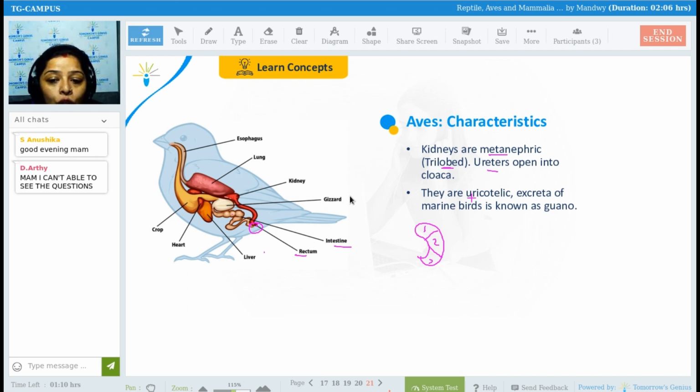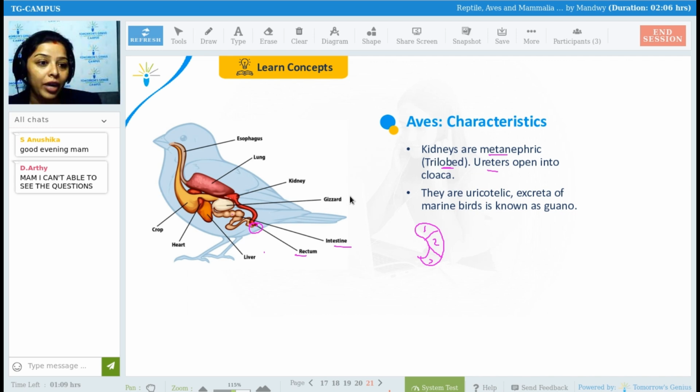They excrete uric acid, so they are uricotelic. Only in marine birds, the nitrogenous waste is called guano.